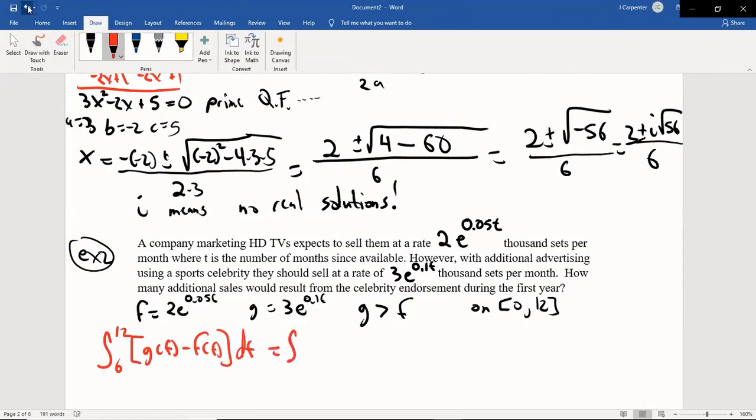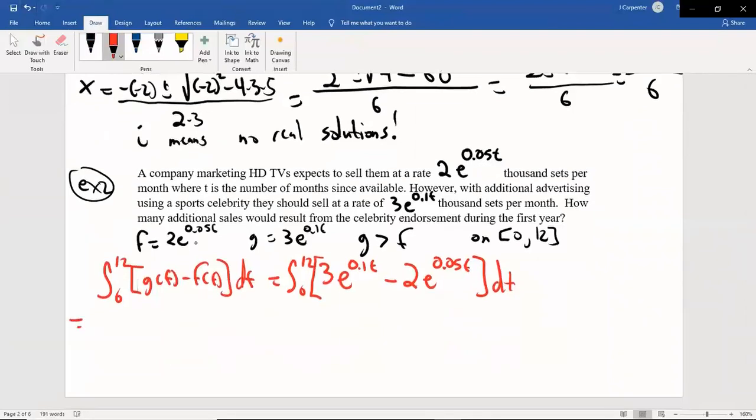So this is the integral from 0 to 12 of the 3e to the 0.1t minus 2e to the 0.05t. I'm doing brackets instead of parentheses. That's just a personal preference. Now we're going to need to integrate each of these using formulas that have previously been provided.